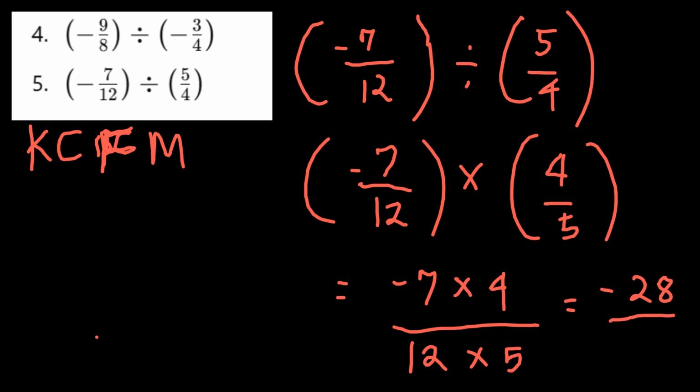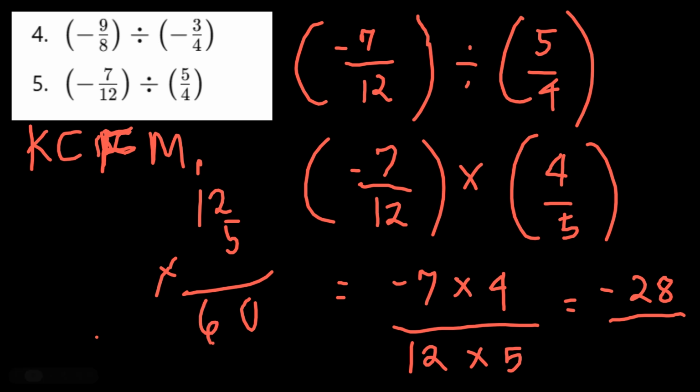Over 12 times 5, which is 60. Now, again, we can actually reduce or simplify negative 28 over 60.